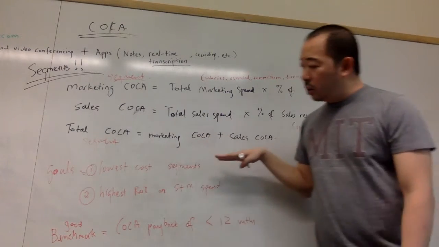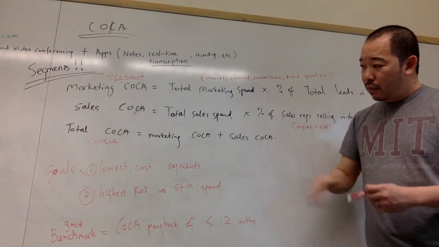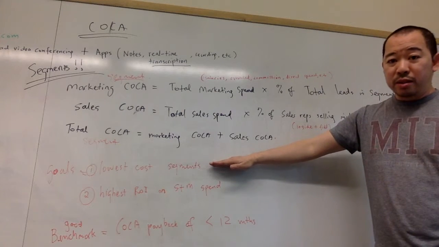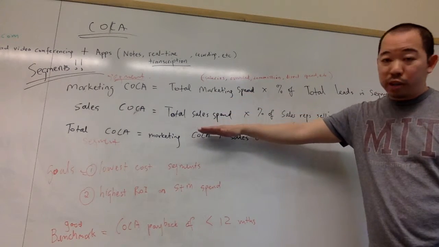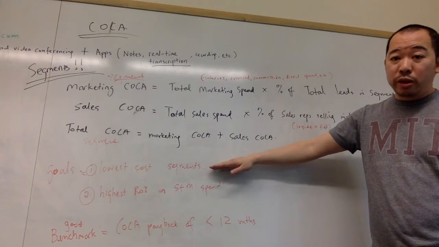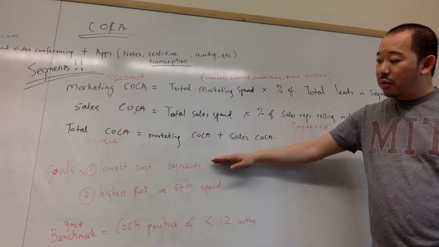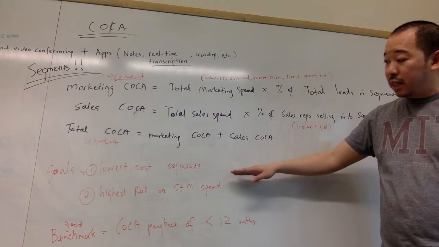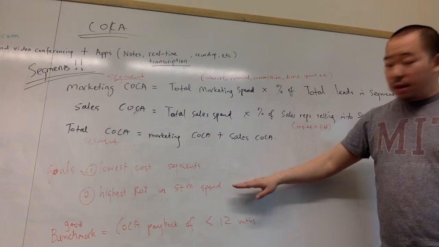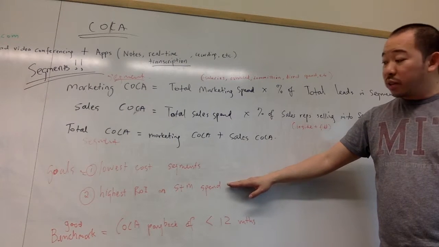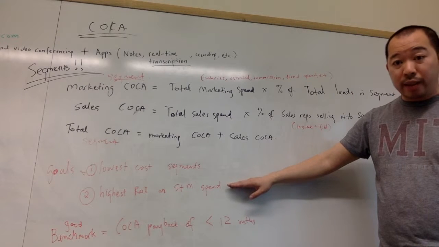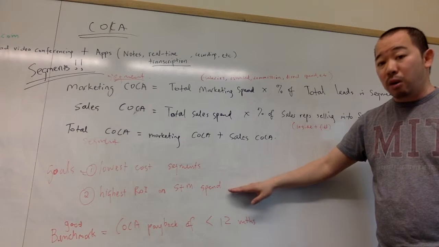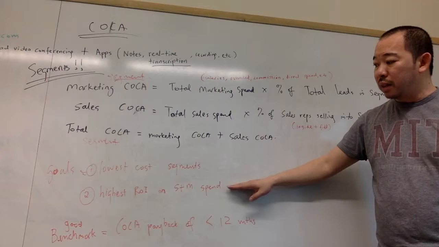So here's the goal. Once you have all this data, the goal is to get the lowest cost segments, right? So once you have your COCAs per segment, figure out which are the lowest cost segments. Now that is not enough because ideally you also want to figure out your highest ROI on your spend. Which segment gives you the biggest ROI on that spend?